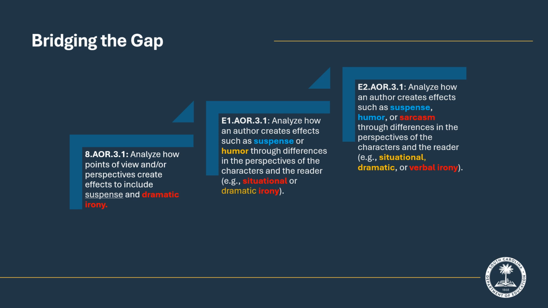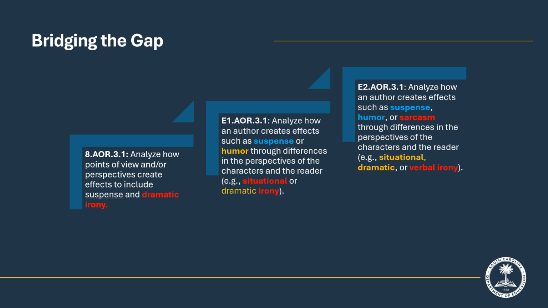English 2 teachers. Notice suspense and humor are in blue. Your students should be familiar with suspense and humor because they were introduced in RL 11.1. Notice that situational irony is in orange. Situational irony was not in the 2015 ELA standards, so it is new for English 2 teachers and new for the English 2 students in the 2024-25 school year.